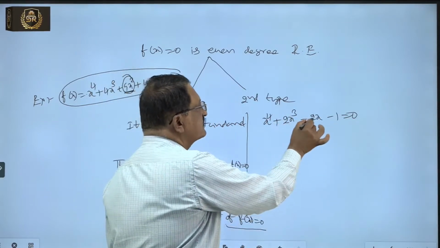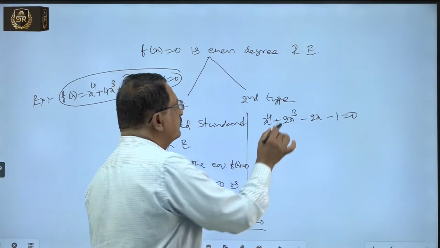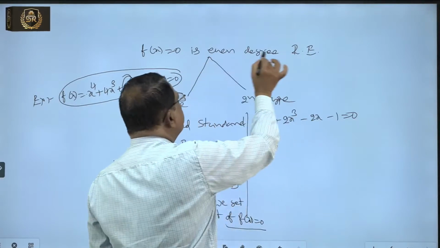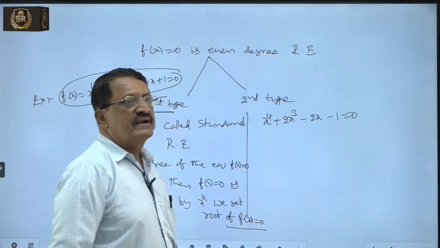Similarly, the coefficient of x cube equals minus of the coefficient of x. Then it is an even degree reciprocal equation of second type.